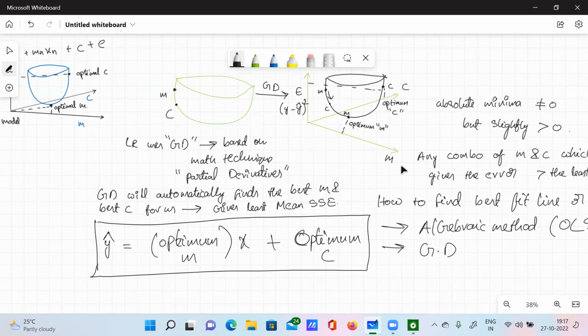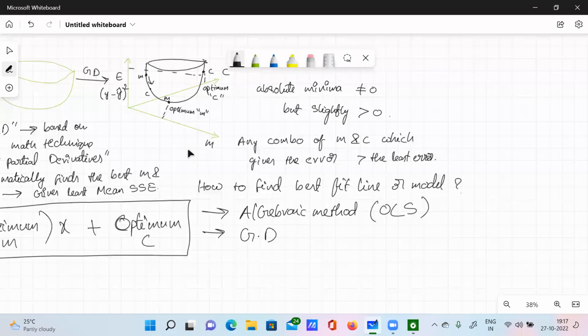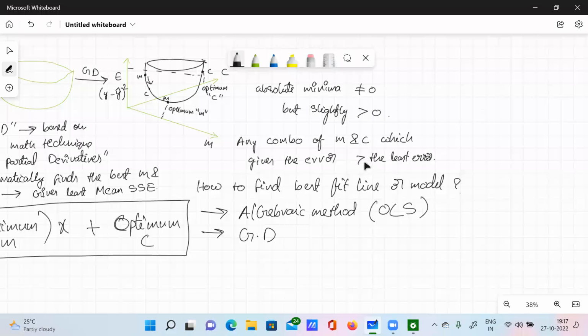Which in turn gives us the least mean sum of squared errors. So if anything is giving us the least mean sum of squared errors, then we can confidently say that this is the best fit model, or best fit line, or best fit parabolic form, whatever it may be.